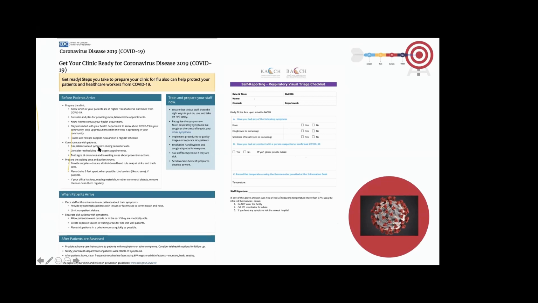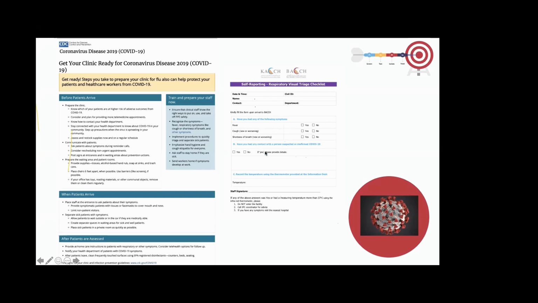Communicate with the patient if they have any symptoms. At Beit Abdullah Hospice, we have developed what we call a self-reporting respiratory visual triage checklist, where an employee would report on self whether they have fever, cough, shortness of breath, if they have been in contact with persons suspected or confirmed with COVID-19, and they record their temperature and they sign.